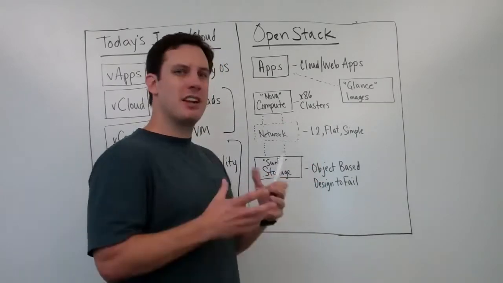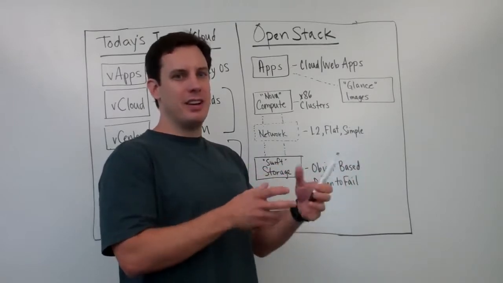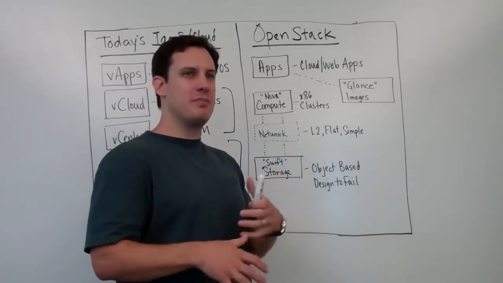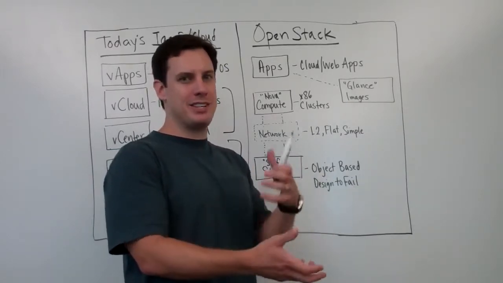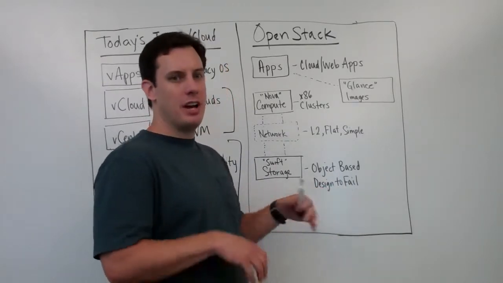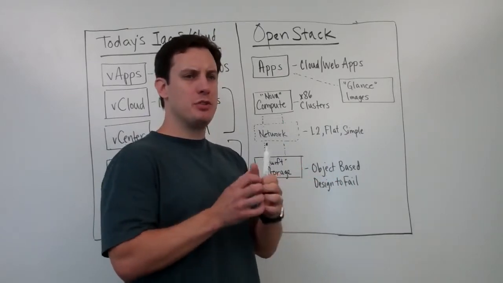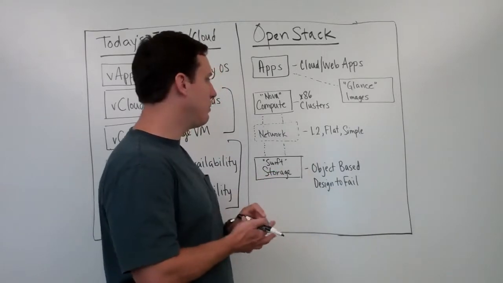The storage piece, instead of being file-based or block-based like we have in today's infrastructure as a service, is going to be object-based. So instead of being based on file systems or block-based systems, iSCSI, FC, things like that, it's HTTP-based, puts and gets, a different ability to do very scale-out object-based storage.